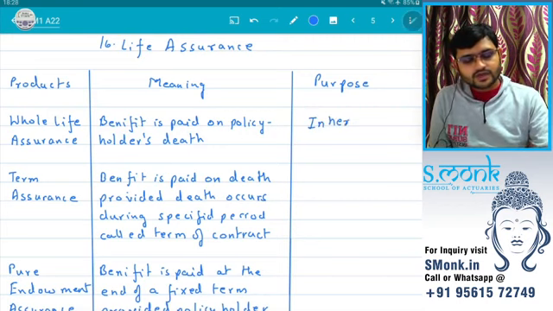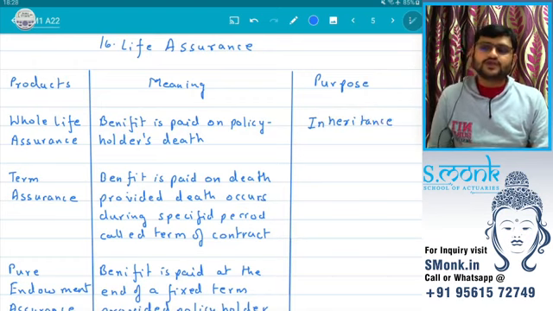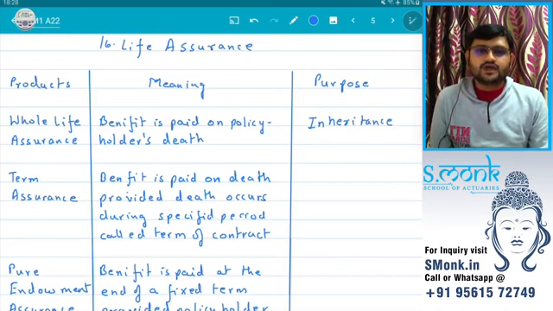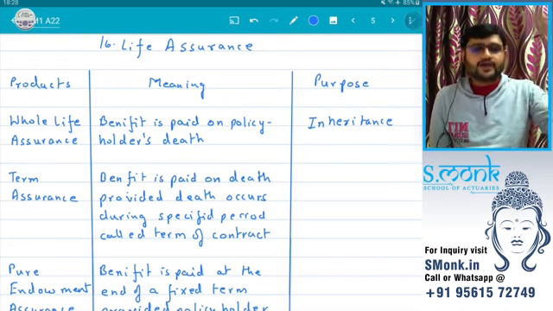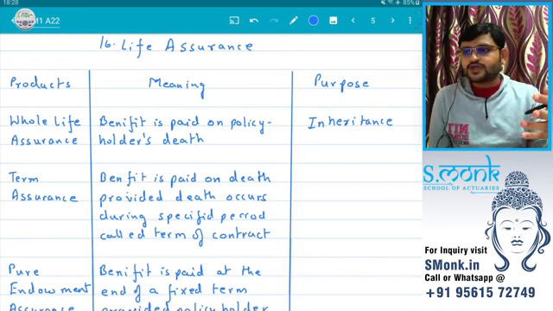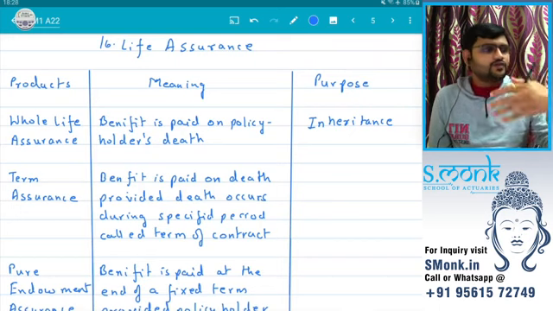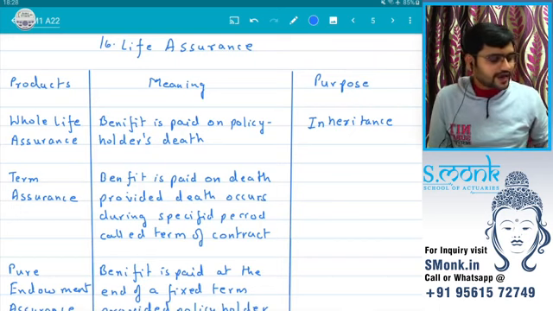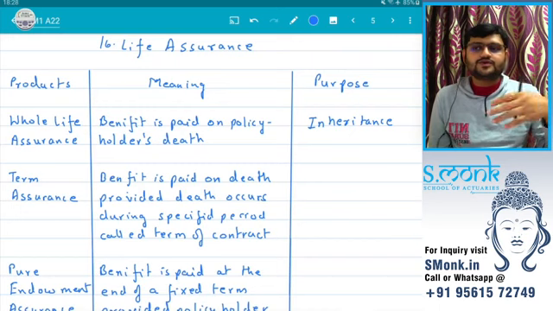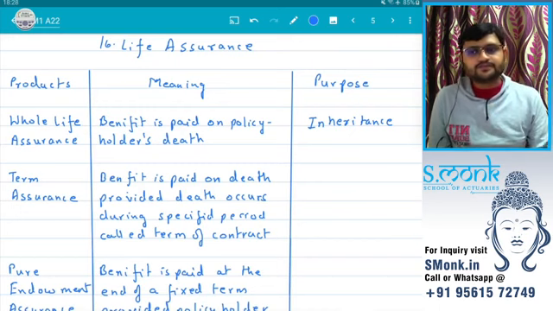Inheritance. Let's say a person's age now is 60, and within maybe 20 or 25 years, the person knows that he will have to pass on the money. Let's say the person is retired and gets a lot of money.